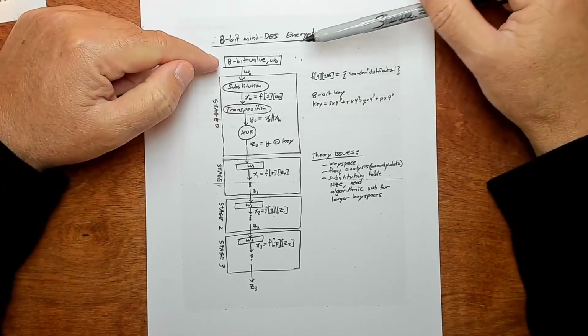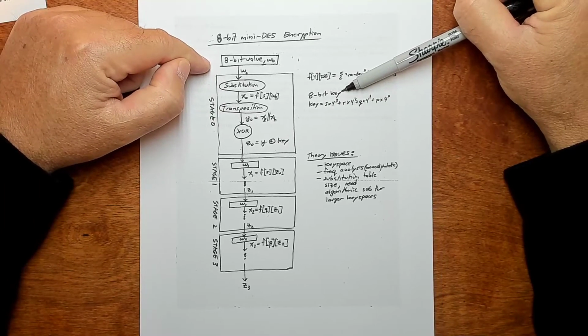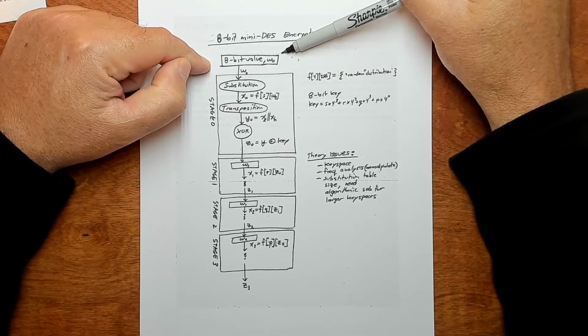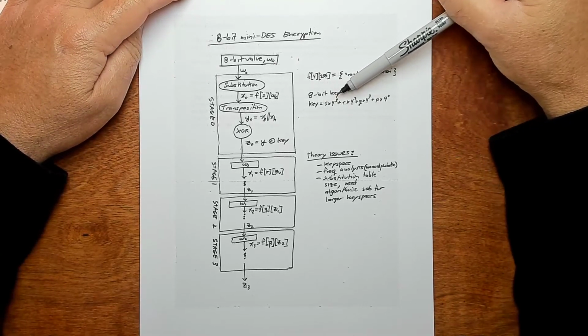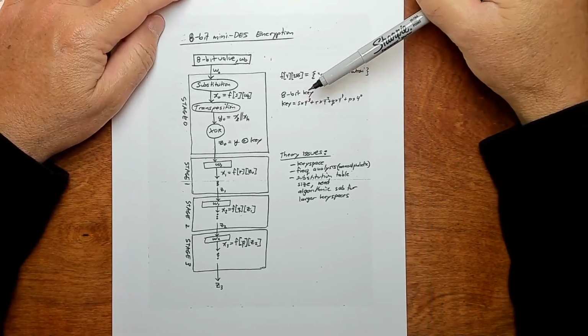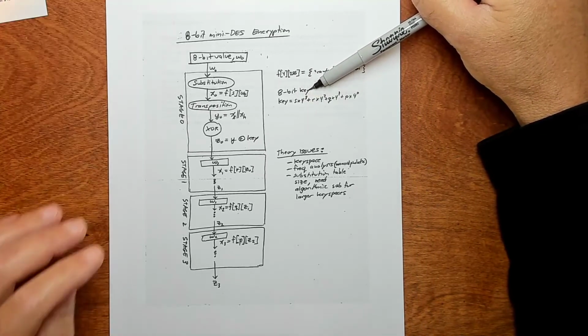So we've got an 8-bit data value and an 8-bit key. The key could be expressed as a base 4 number.